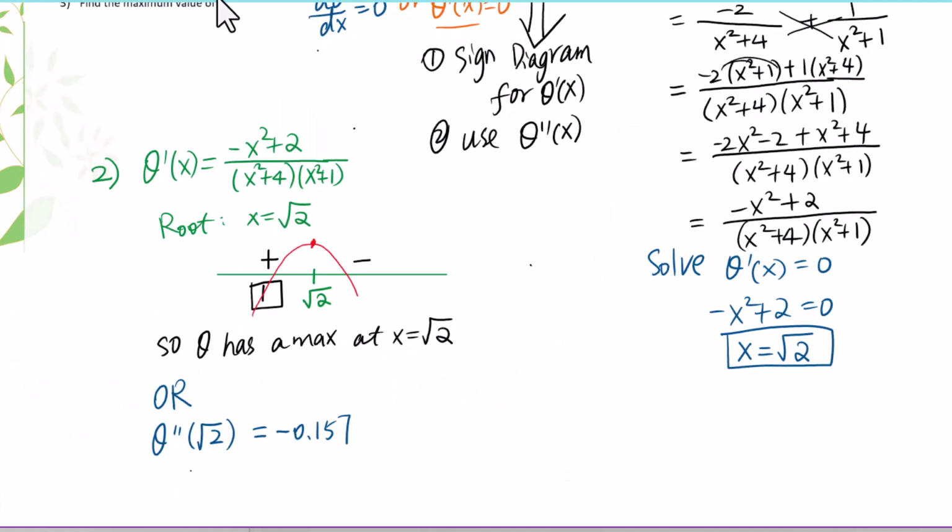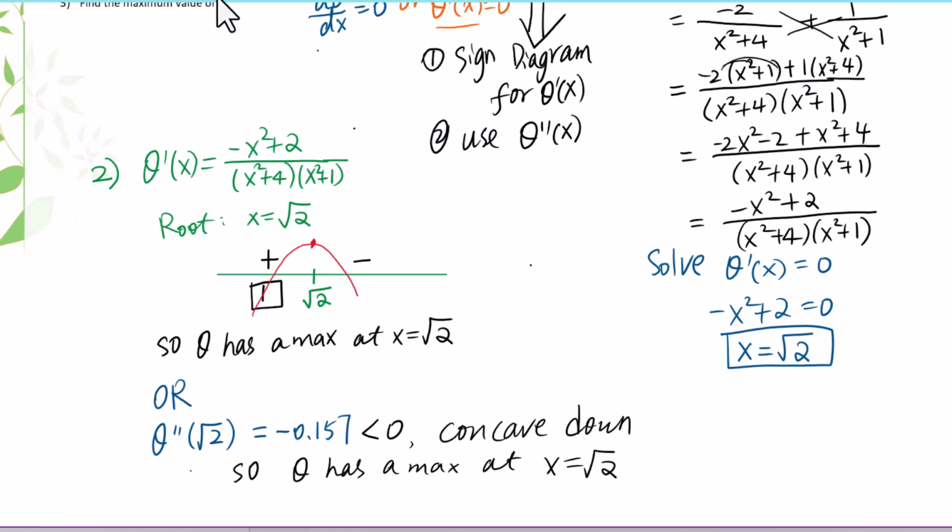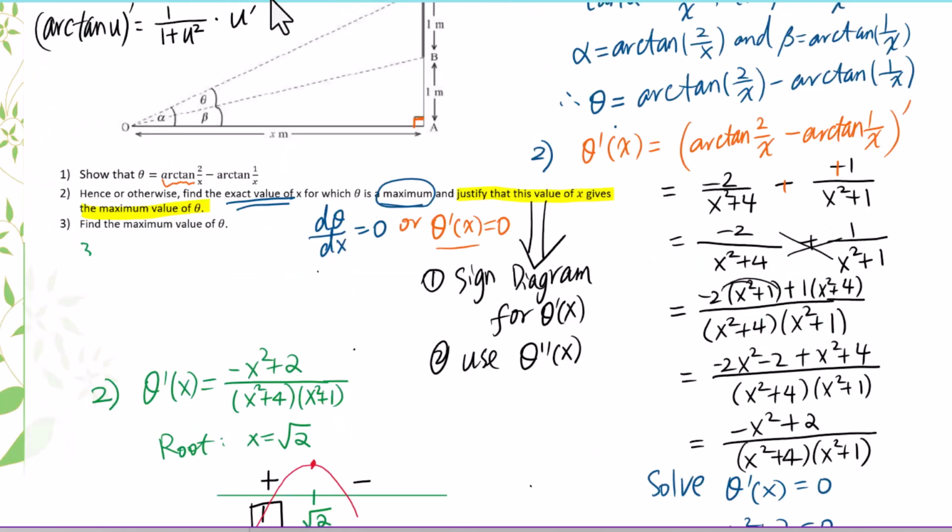So theta double prime of square root of 2 equals negative 0.157, less than 0, concave down. So theta has a maximum at x equals square root of 2. Question 3. Find the maximum value of theta.